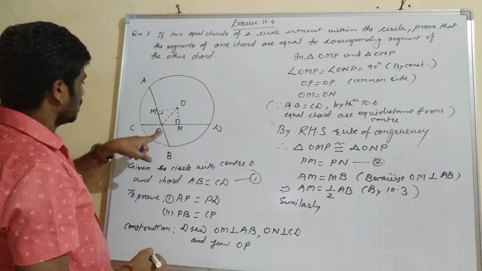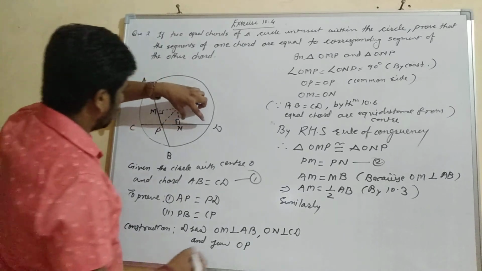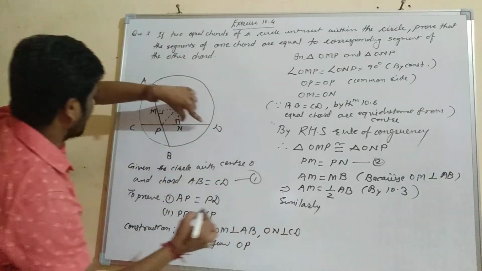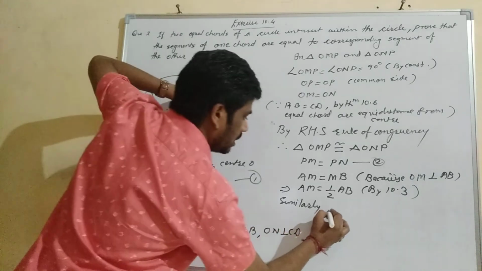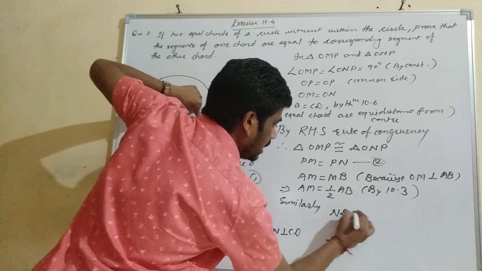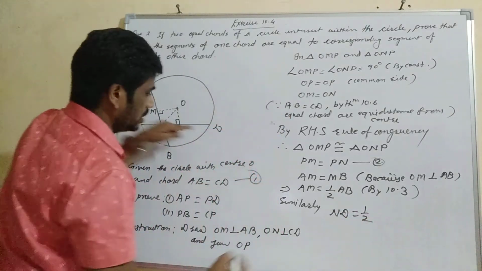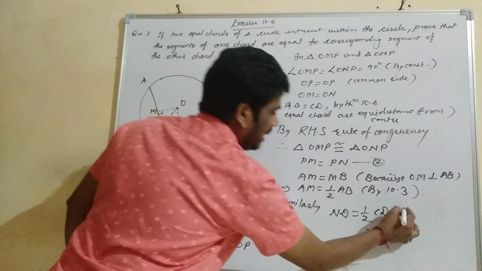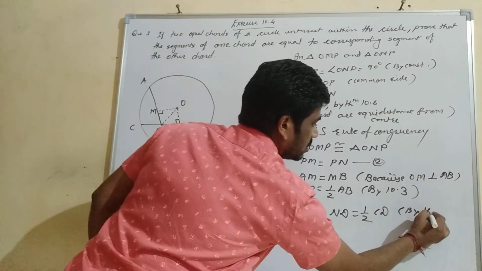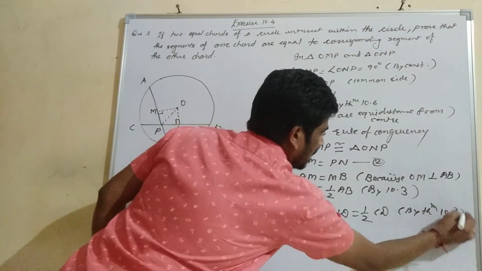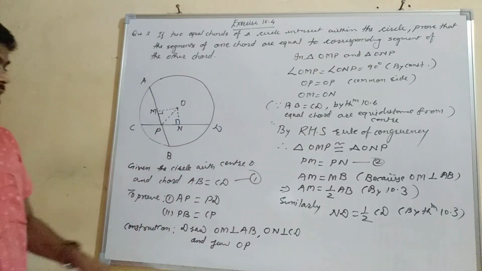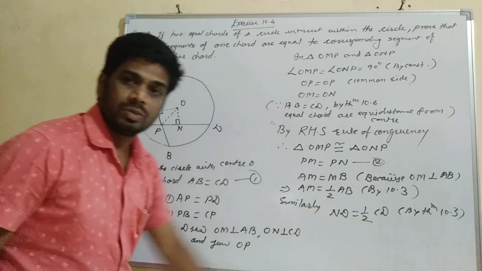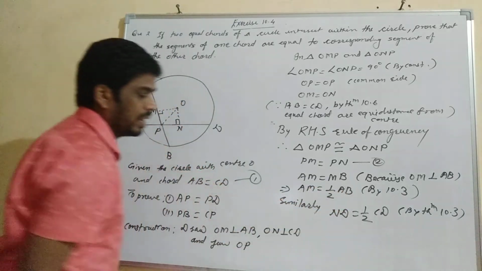And similarly we can write that ND is half of CD. This will also be by theorem 10.3. And we know that CD and AB are equal.